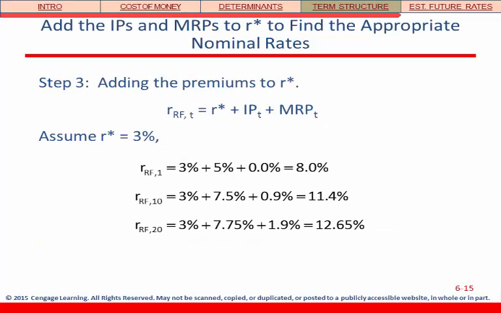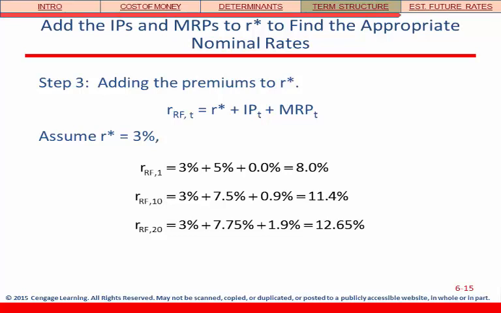And then with step 3, what we're going to do is add the premiums to R. And by R, I mean R with an asterisk, which is the real risk-free rate of interest in this situation. So to get the risk-free rate here for these treasuries, whether it's a 1 year or a 10-year or 30-year, you just add these 3 different components together.